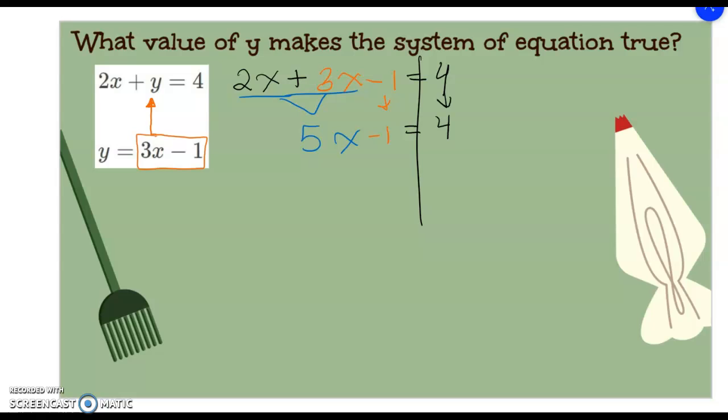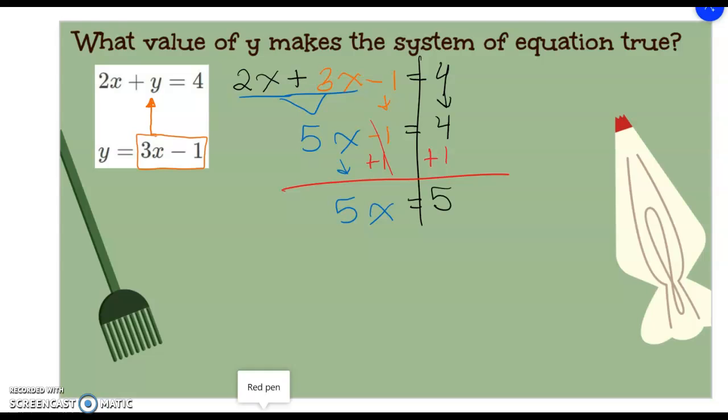Now, remember, you're the 5 and she's the x, and you need to get rid of the 1 by adding it to both sides. So 4 plus 1 is going to be 5.